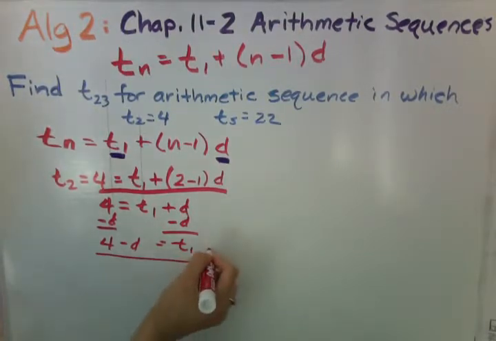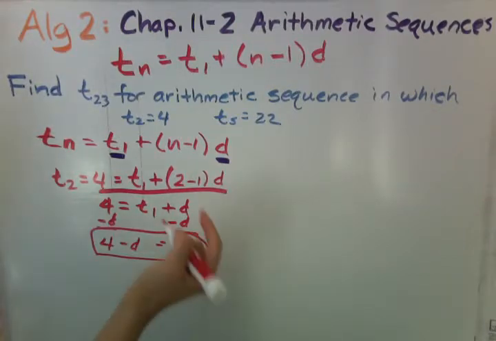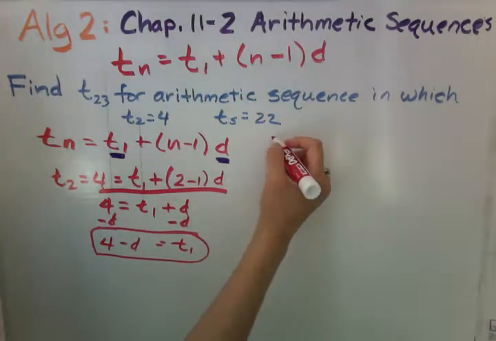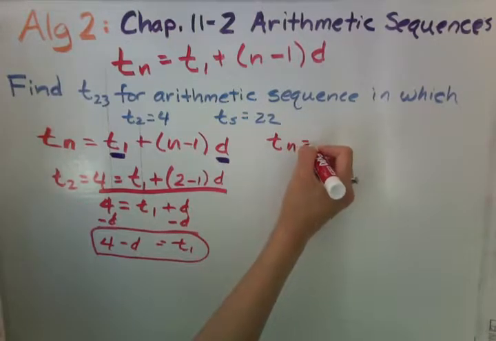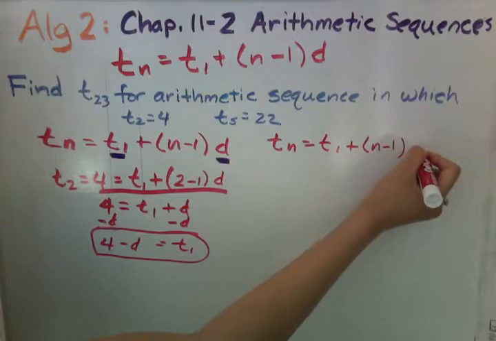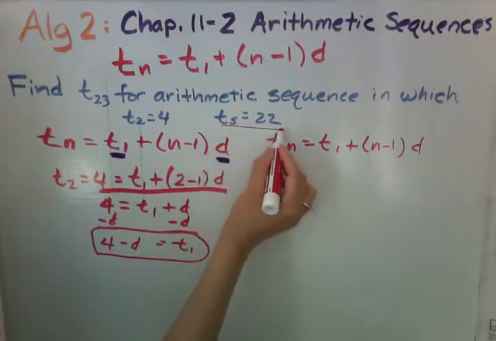Now we're going to use this and substitute it. Now we know what T1 is, even though we don't know the exact number, at least we know it's 4 minus D. Now we're going to use this and use the same equation here. Stay with me, I know this is kind of complicated, but we know we can use this information.